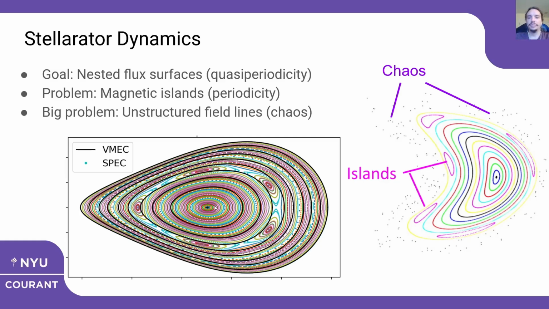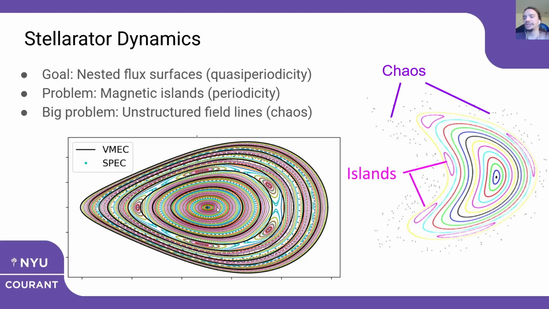This is great because it means that our particles in the middle that are staying on the magnetic field lines will be contained inside of the plasma. Okay, so what you can imagine here is that you have a magnetic field line that's hitting here, it goes around the circle, maybe it hits at a different point, and then a different point, and so on and so forth, but as it goes around many times, it fills in one of these circles densely.